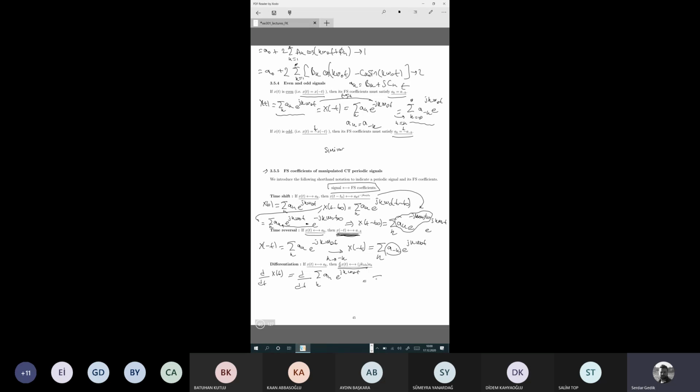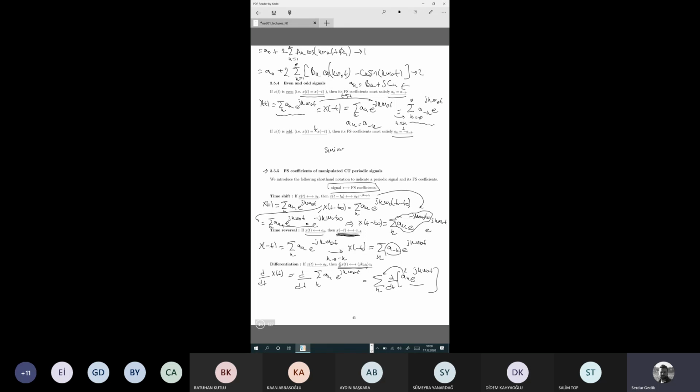Since differentiation is a linear operator, I will simply change places: the summation of d by dt of ak e to power j k omega 0 t. Of course, this ak does not depend on t. It is just a number, so I can put it out.